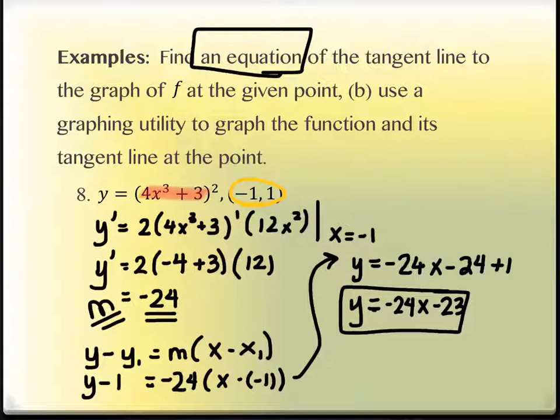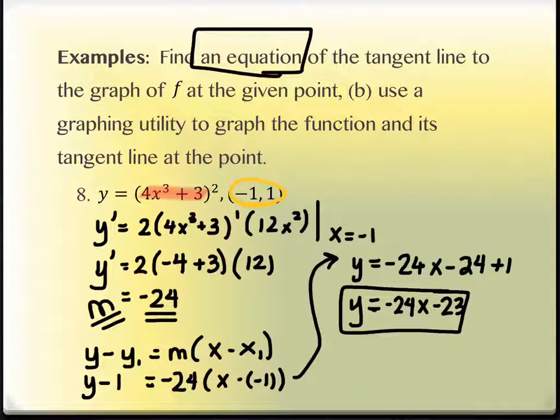You could probably try negative 10 to 10. I don't know that it's going to be all that helpful because this is a very steep slope, right? It's going to be almost vertical. And the x value that we want to centralize around is negative 1. So maybe we could go something like negative 2 to 2, just to give us some perspective. For my y-axis, I don't know what I need, so let's just go negative 5 to 5, and we'll see if that works, just to guess.